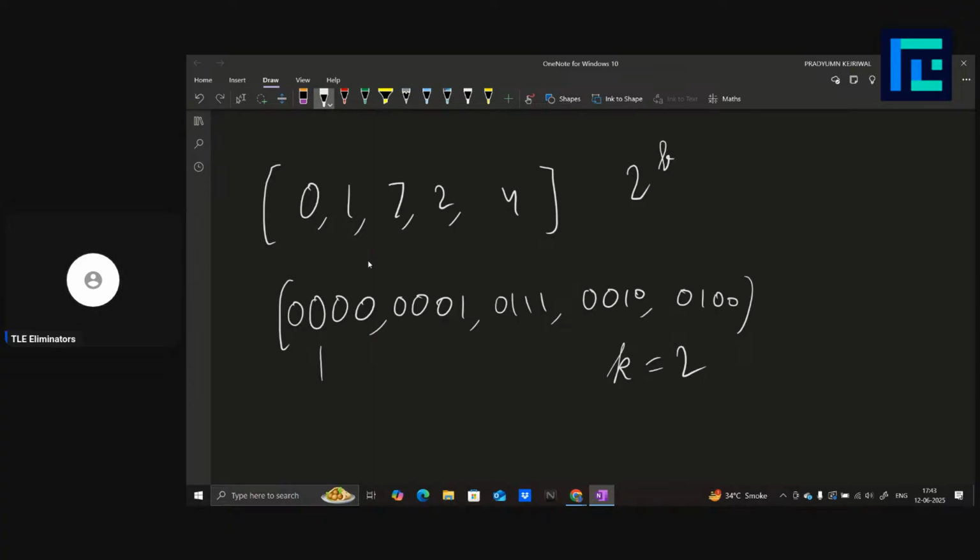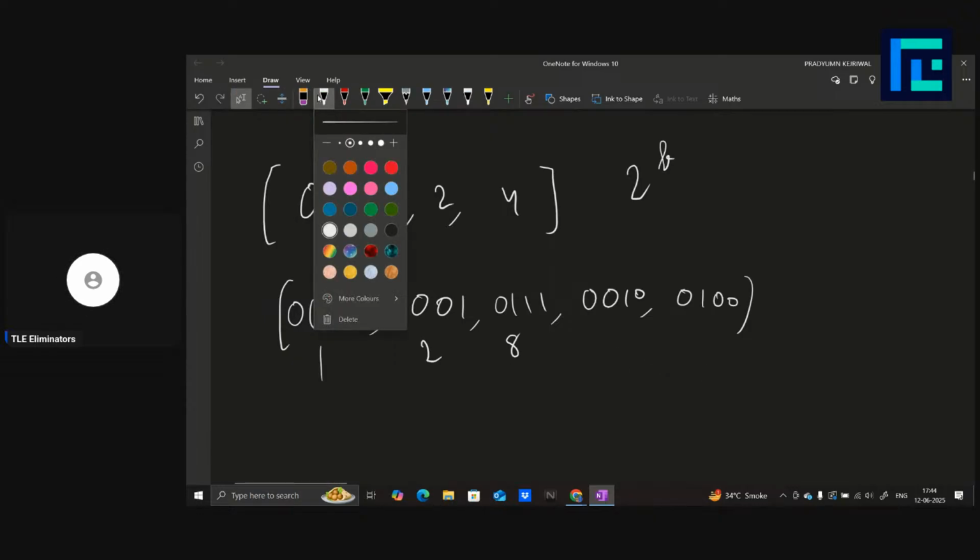Now, if you want to increase this number of ones, then it takes 2 operations, 2 to the power 1, right? If you want to increase this number, then it will take how many? 8 operations, right? Then if you want to increase, man, why doesn't this eraser work? Like if I click this, it is not allowing me to select.